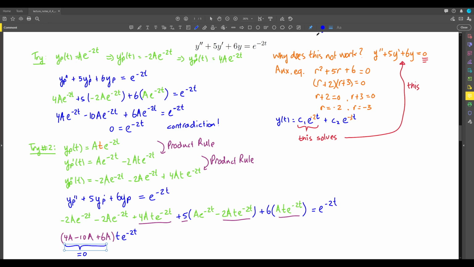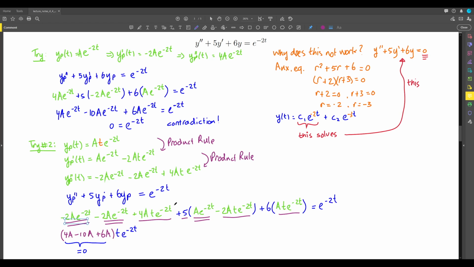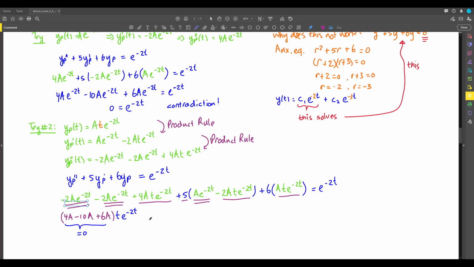Okay, so now we can take a look at what about just the e to the power negative 2t? What do we have there? So then we have this term, this term, and then this term right here, right? And so that gives me negative 2a minus 2a, and then plus 5a.